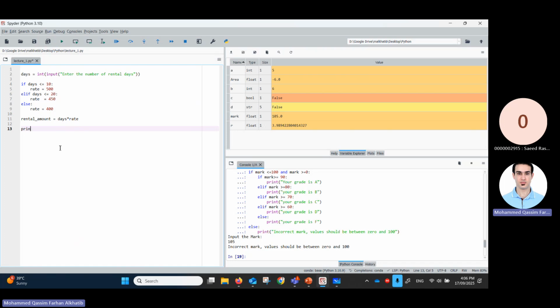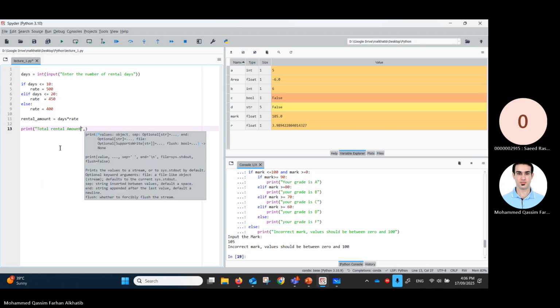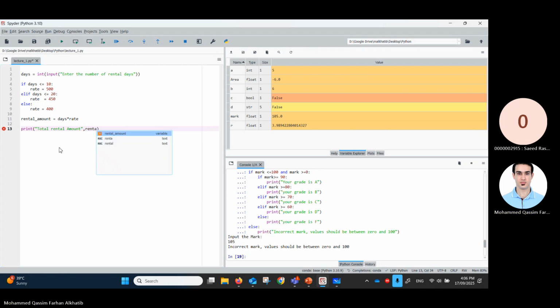Okay, then print, quotations, total rental amount, comma, and rental amount.